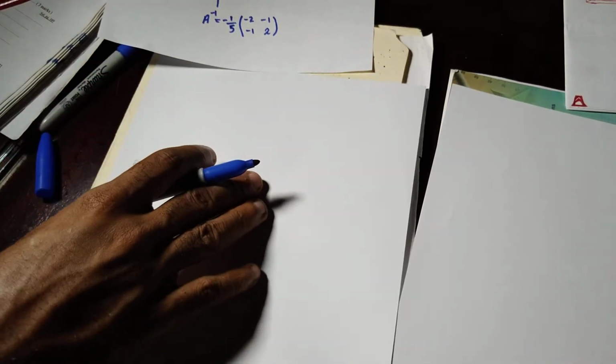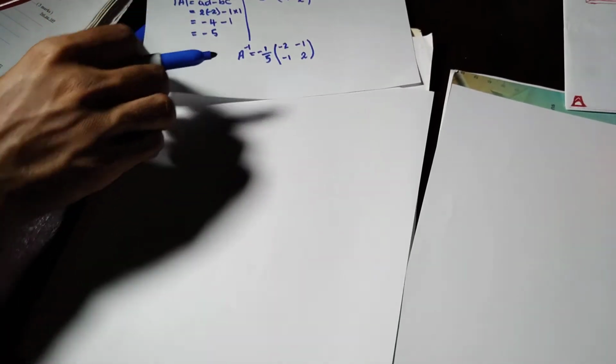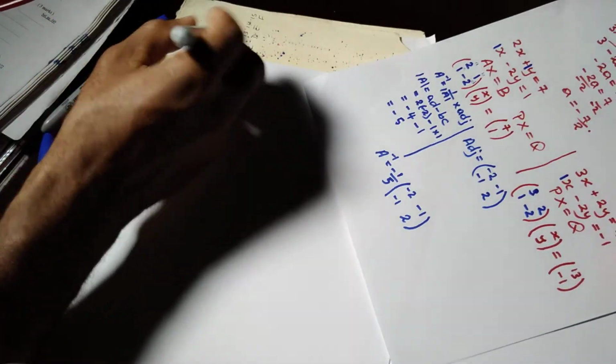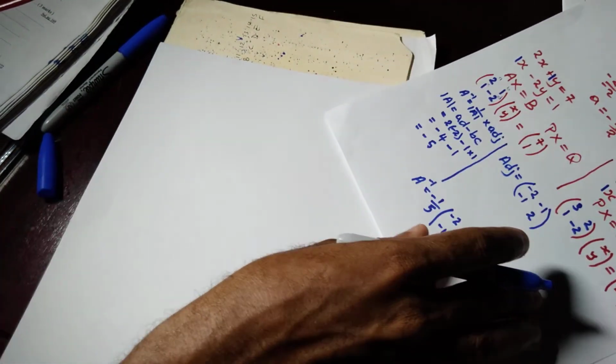Now, if you should multiply both sides, I'm going to solve it and show you. So the first thing I'm going to do is multiply both sides by the inverse.